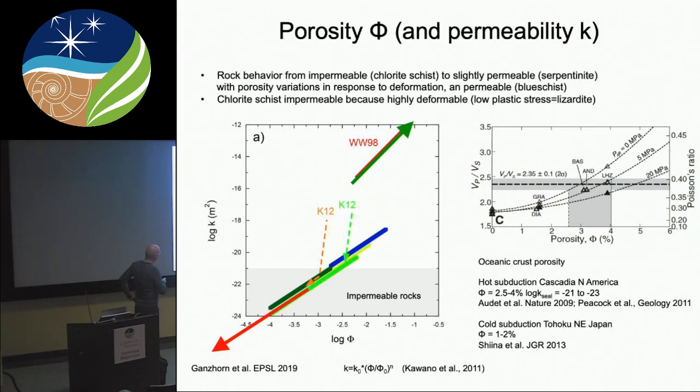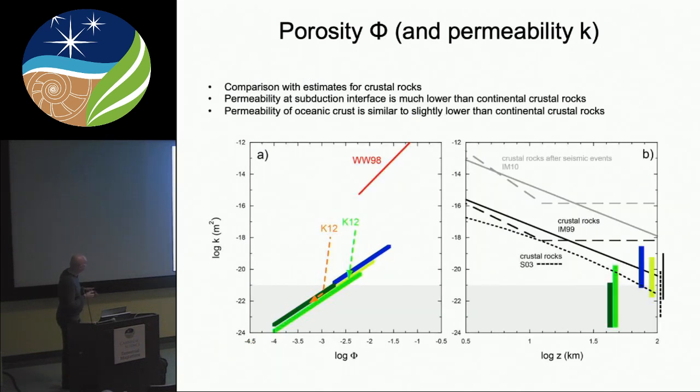We also get that the rocks that are present at the plate interface have permeabilities that are below 10 to the minus 21, so that means they can be considered as totally impermeable rocks, which is what you need to actually maintain overpressure of fluids in the subducting crust in Cascadia, for example. So we get numbers that seem quite reasonable and explain well the geophysical observations.